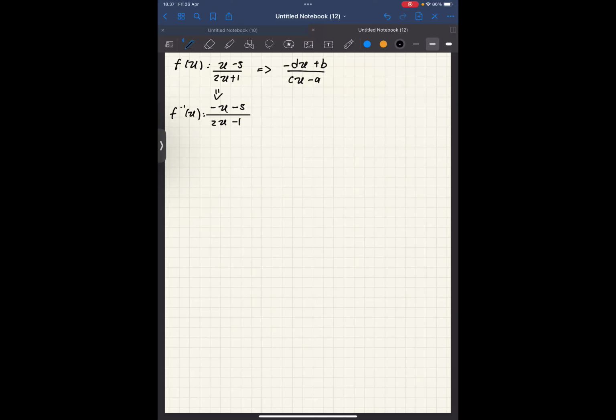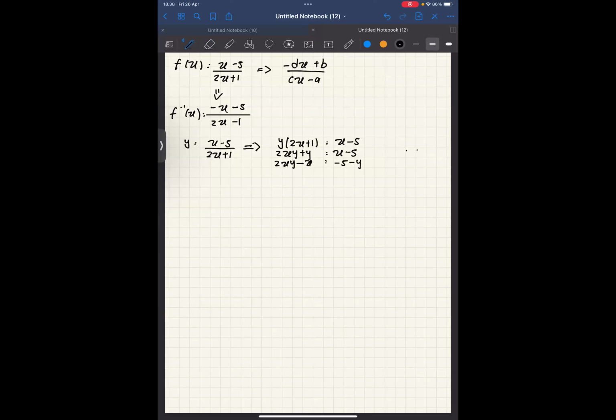Now for the long way, we're changing the f(x) to y is equal to x minus 5 over 2x plus 1. Multiplying it up, so we got y multiplied by 2x plus 1 equal to x minus 5. We got here 2xy plus y equal to x minus 5. Moving all the x to the left side, so we got 2xy minus x equal to minus 5 minus y.